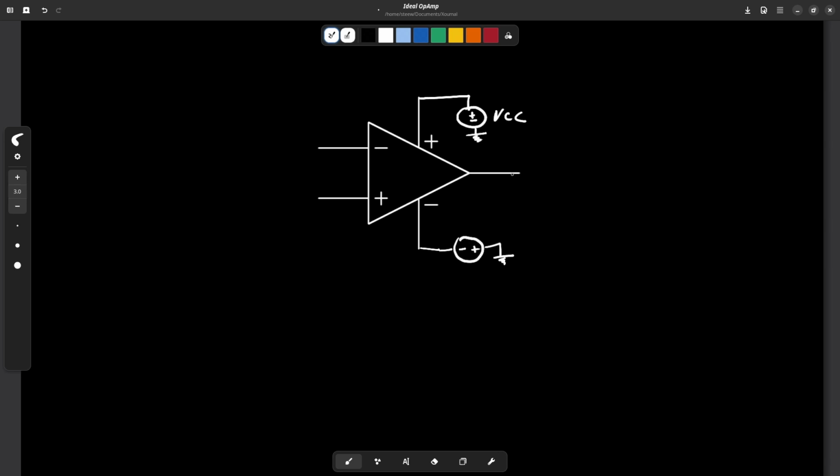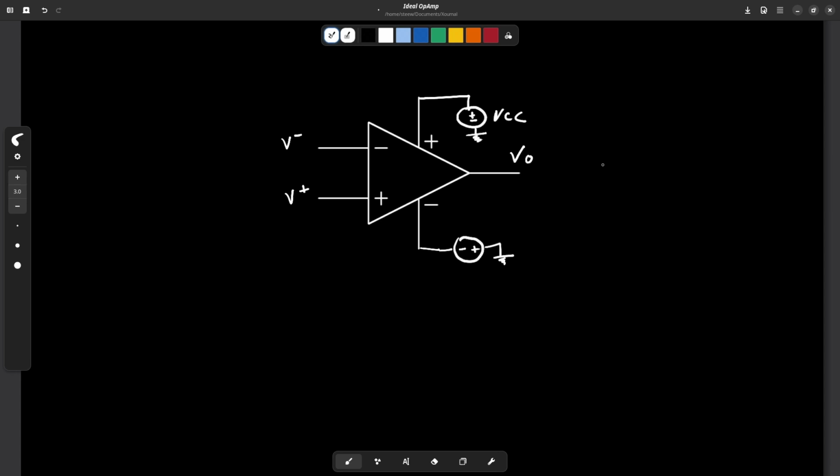Then we can see this output terminal, which I'm going to call V0, and we have 2 input terminals: an inverting terminal, which we are going to name V minus, and a non-inverting terminal, which we are going to name V plus. So the operational amplifier is a voltage amplifier.